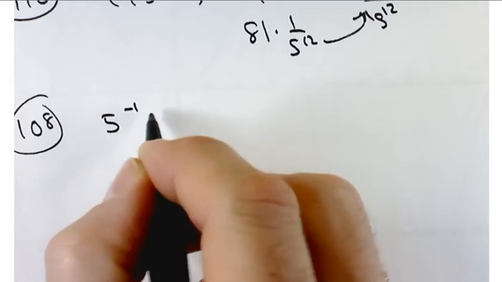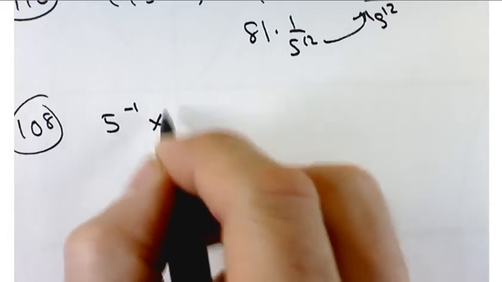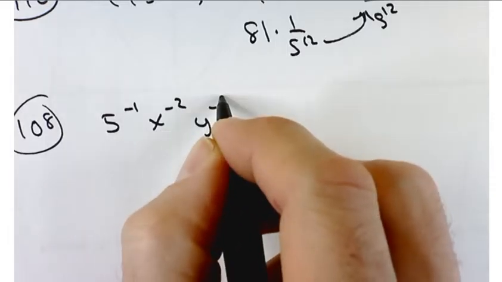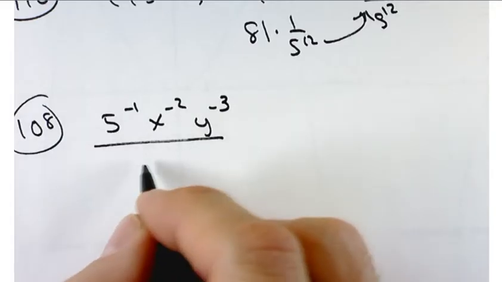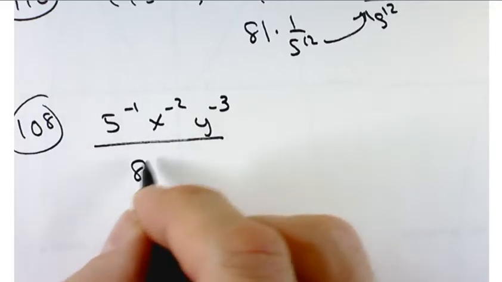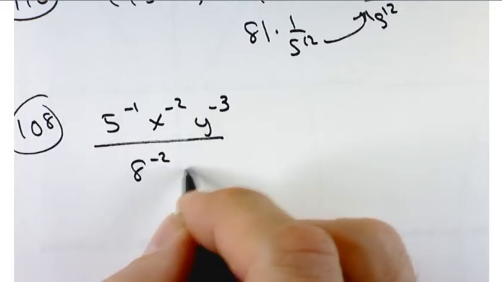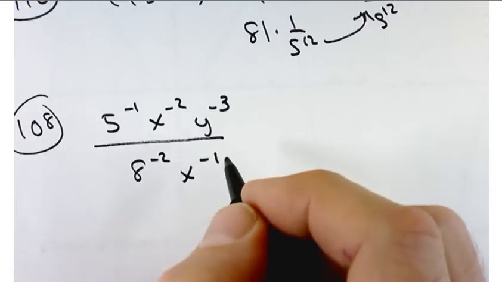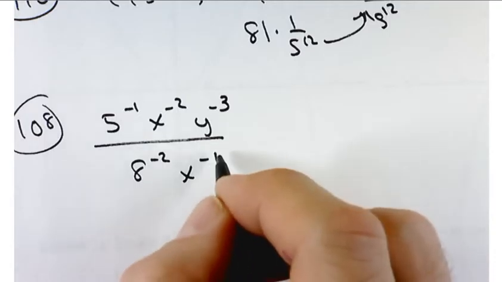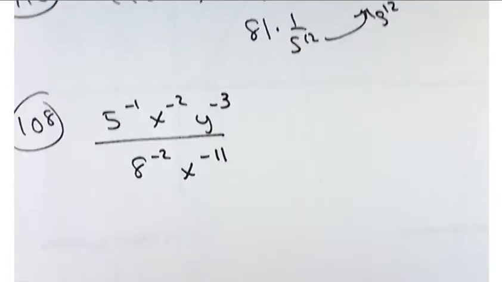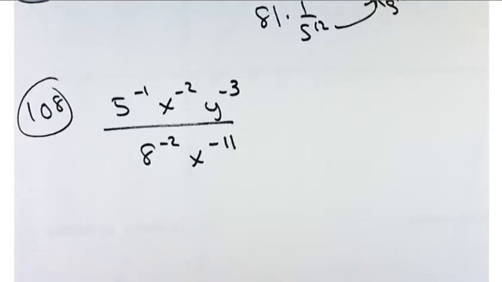5 to the negative first power times x to the negative second power times y to the negative third power, over 8 to the negative second power times x to the negative 11th power. Pardon me, x to the negative 11th power. Let's work our way through this one together.